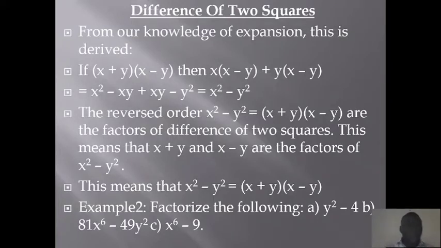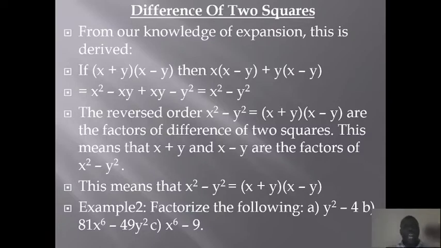y squared. So the item at the middle, we have minus xy plus xy. That simply means that minus 5 plus 5, minus 10 plus 10, minus 100 plus 100, minus 2 plus 2 is what? 0. So that means that minus xy plus xy is what? 0. So we have what? x squared minus y squared.